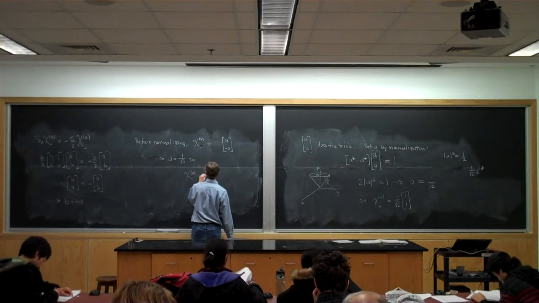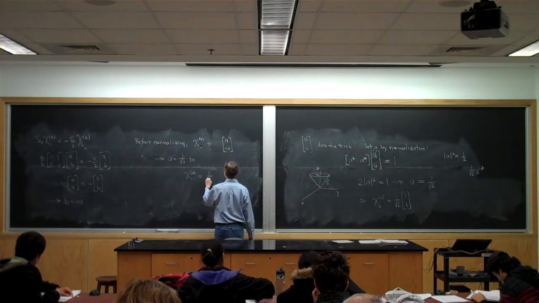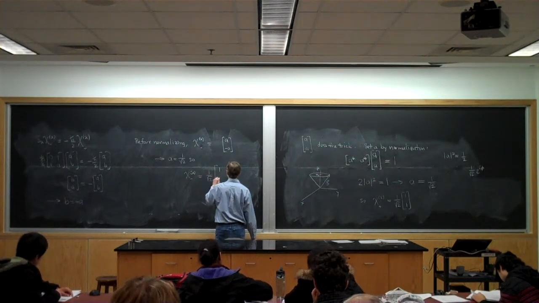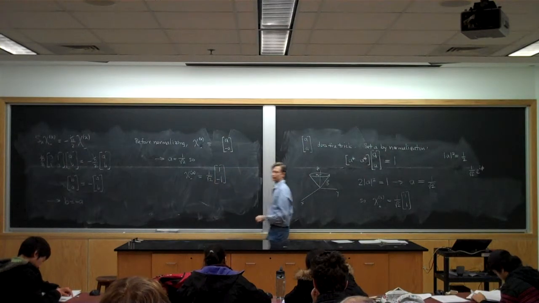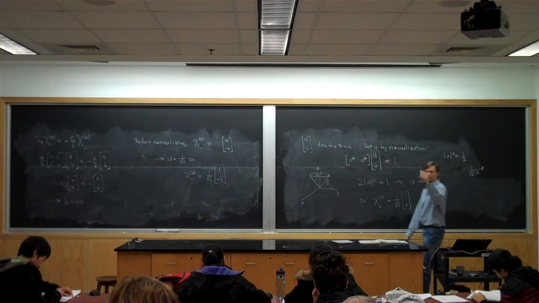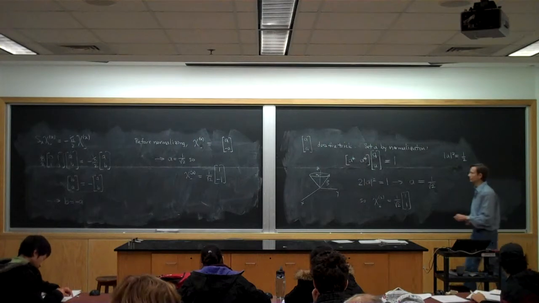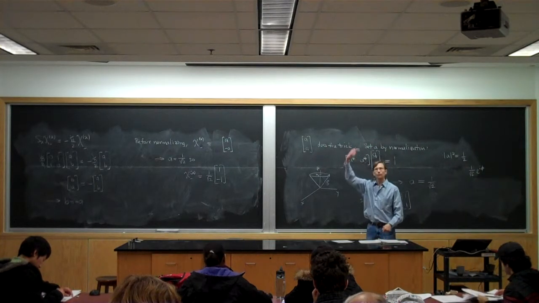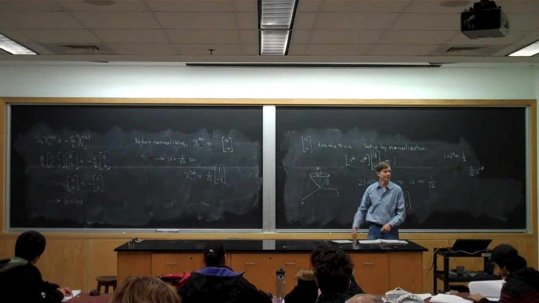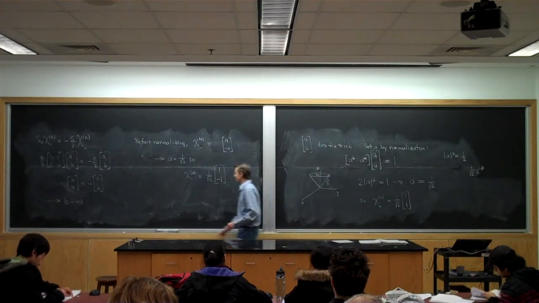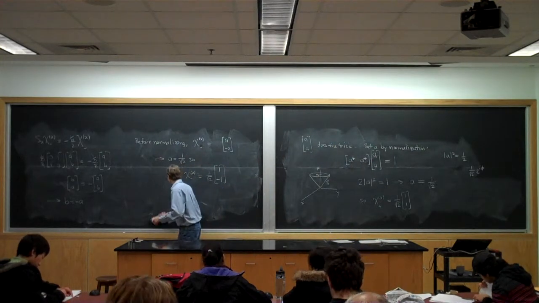So chi minus looks like 1 over root 2 times 1, minus 1. Instead of 1, 1, it's 1, minus 1 for the two components. Or minus 1, 1, take your pick. It doesn't matter which one you call plus and which one you call minus.